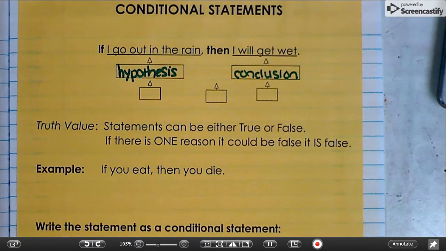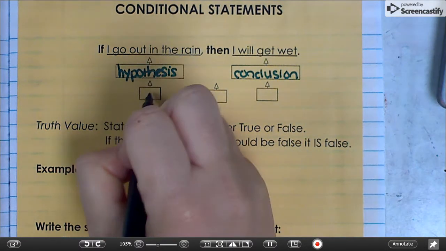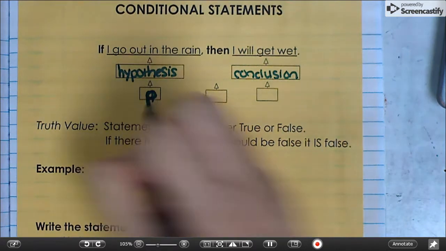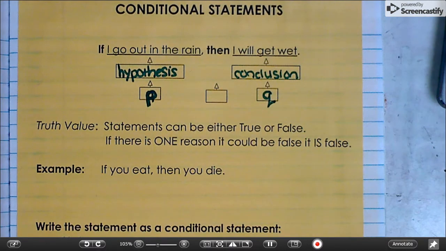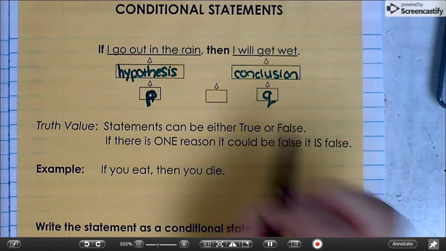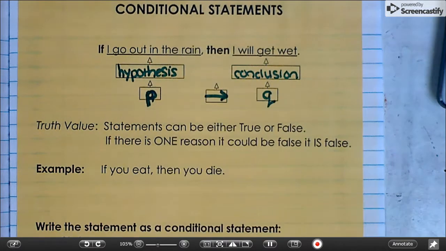And because we're in math, we can represent all of this stuff using variables and tend to use P and Q as the variables for hypothesis and conclusion, but those can change to R and S. We see those all the time too, but generally P and Q are good ones. There's an arrow in the middle.